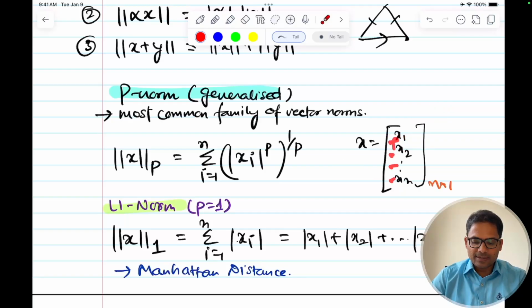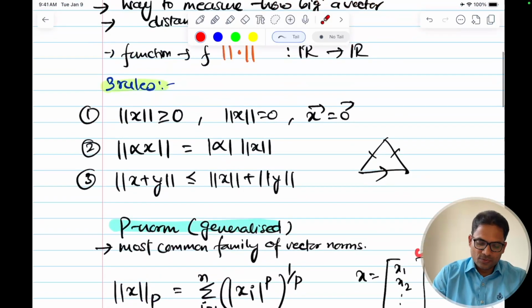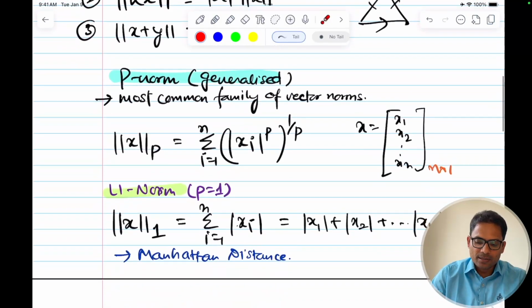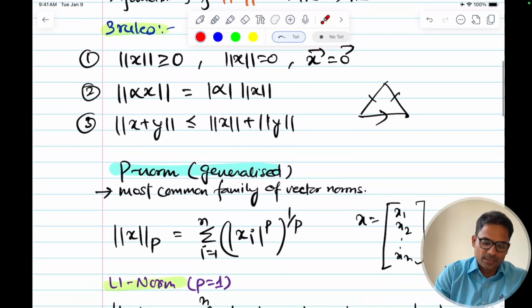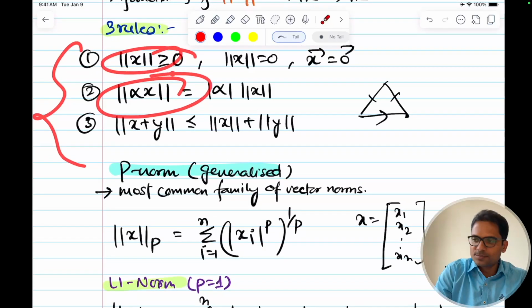If the net value comes out to be negative, then it won't fulfill this criteria. The value should always be greater than 0. So just taking the simple sum of all the entries cannot be taken as a norm. Why are these rules important? Because distance cannot be negative. That's why you have these rules.